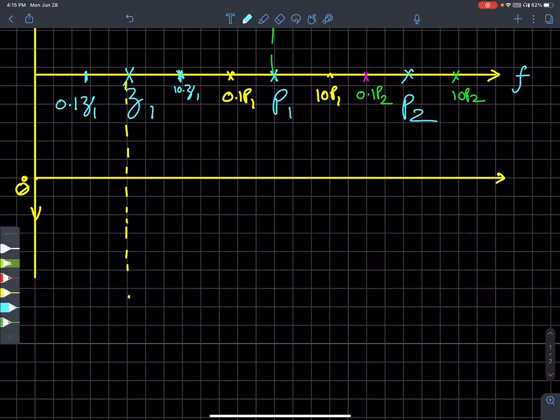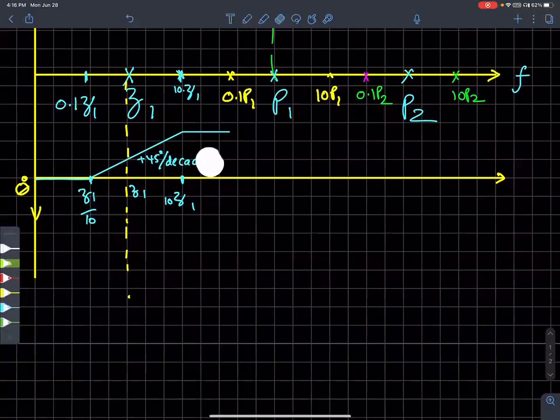The way it works is that between a frequency 10 times below Z1 and 10 times above Z1, this is where the complete phase shift from the zero comes in. So it's going to be like this. The effect of Z1 begins at Z1 over 10 and ends at 10 times Z1, and this increment is 45 degrees per decade.